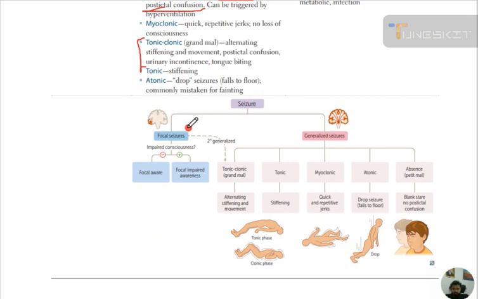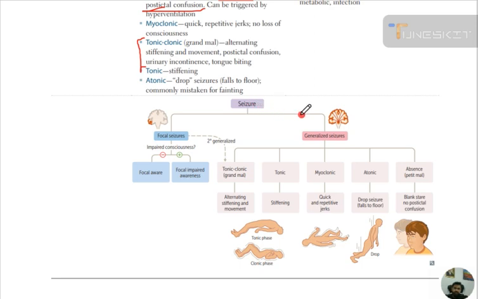So seizures: focal seizures, which have focal aware and focal impaired awareness, and secondary generalized. It means it may progress to generalized, which is then secondary generalized.